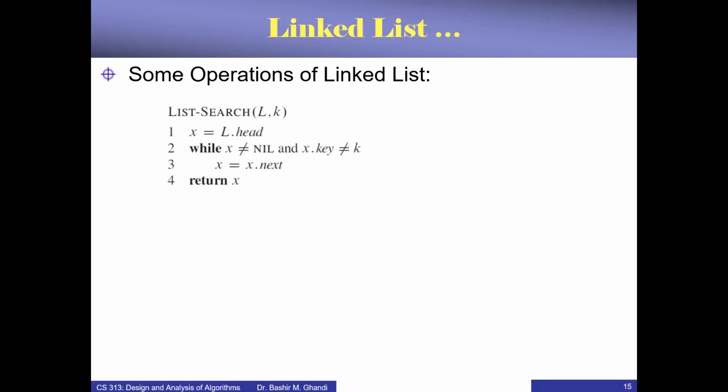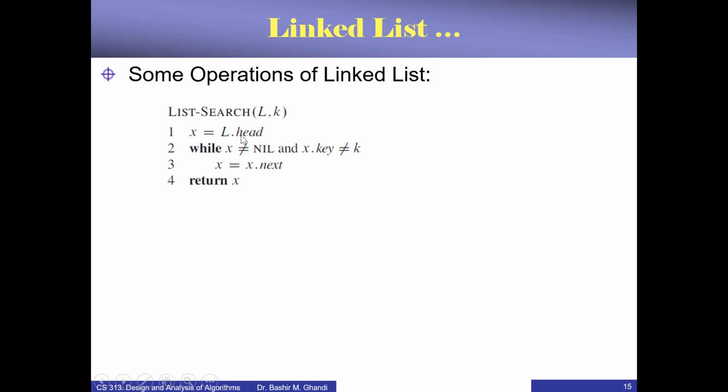Okay, let's look at the methods. The search obviously is going to involve a loop. Here k actually is a key, it's not a node. Find this k, the value k, in the list if it exists. The way to do it is first initialize x to refer to the first node.